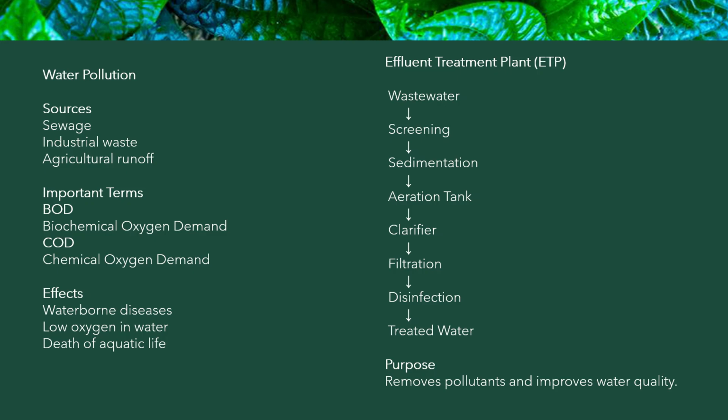Water pollution. Now, water pollution sources are sewage, industrial waste, and agricultural runoff. Important terms that you should know is BOD and COD. Biochemical oxygen demand, chemical oxygen demand.